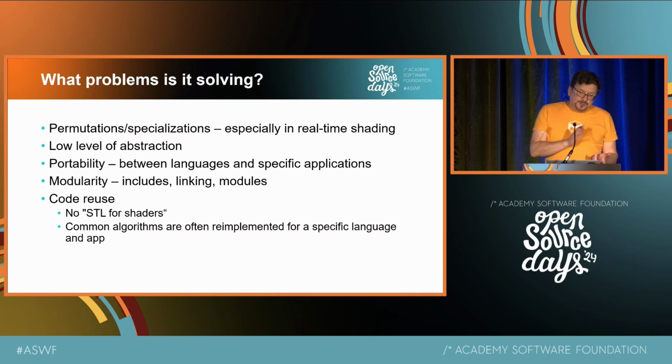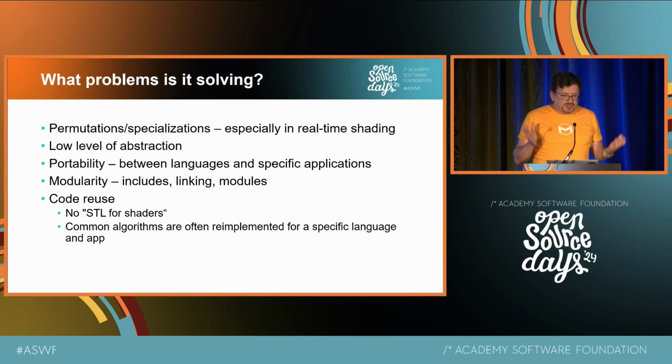So there's the issue of permutations and specializations, especially in real-time shading, and that's actually my original background, where you have to generate numerous permutations, numerous variants of the same shader with complex design time logic and maybe simple runtime logic. There's the problem of low level of abstraction because some of the shading languages lack abstraction mechanisms.